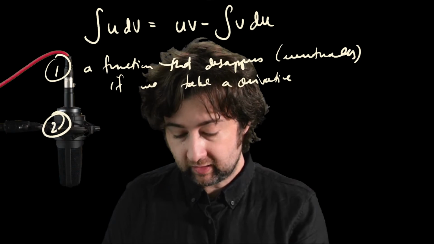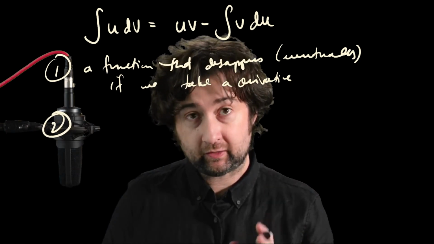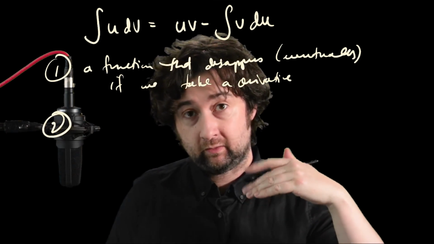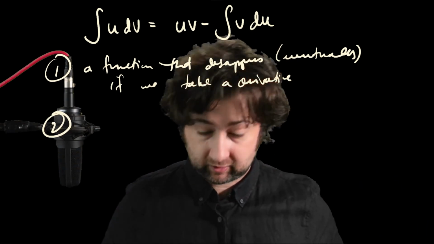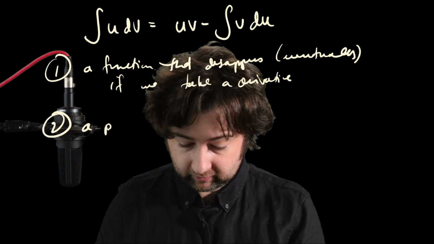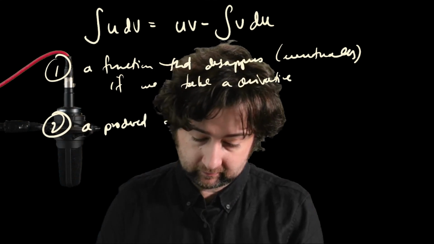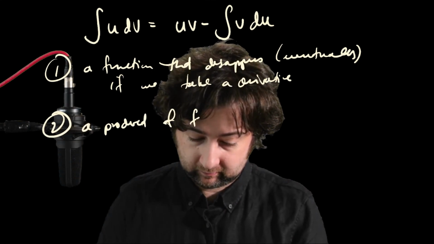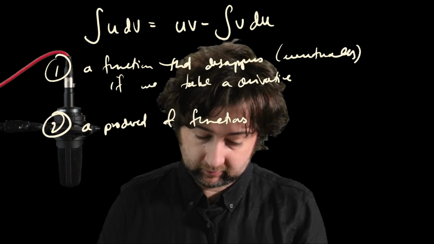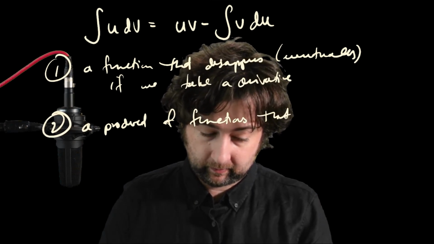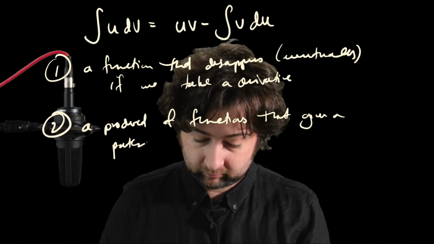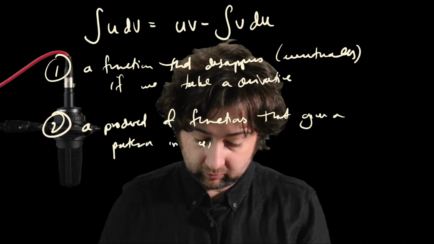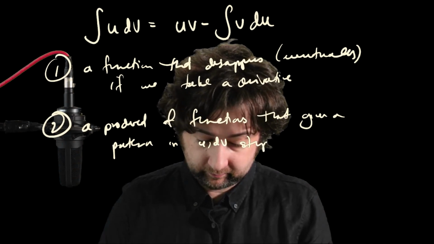Okay. The second is that we have a product of functions where the functions rotate around each other in that cyclic way, like the e to the x sine x problem. A product of functions that give a pattern in the u dv steps.